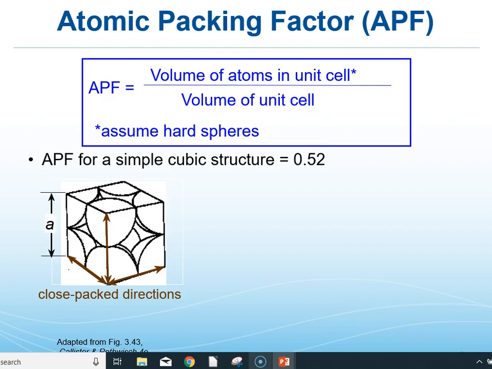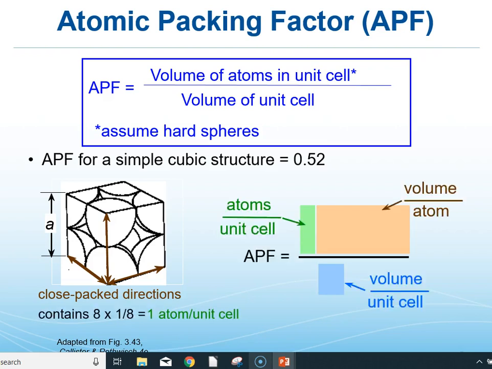A is literally the side dimension of the cube. It's also called the lattice parameter, or the lattice dimension.